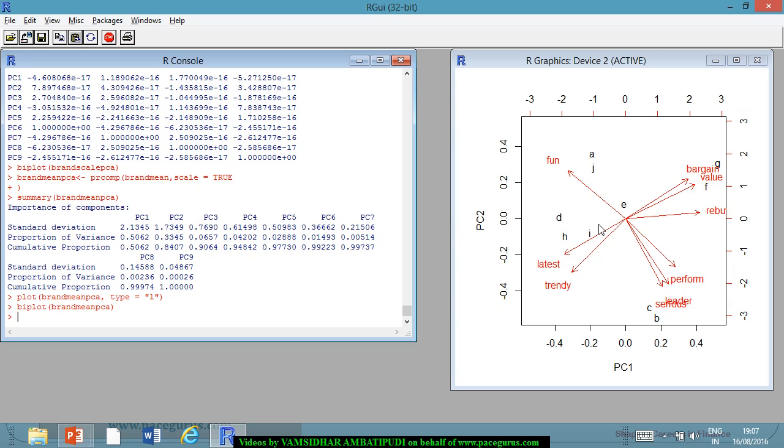Now, this is what we typically call the perceptual map, which talks about the different dimensions that are present as a part of the data. So the first two components capture almost 84% of the variation in my variables, if I am going with the mean values. So that's how we are looking at it.